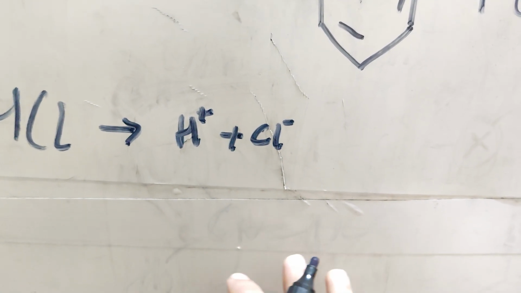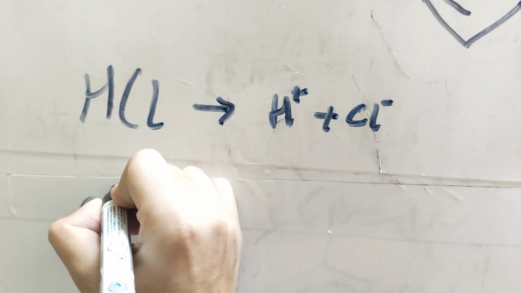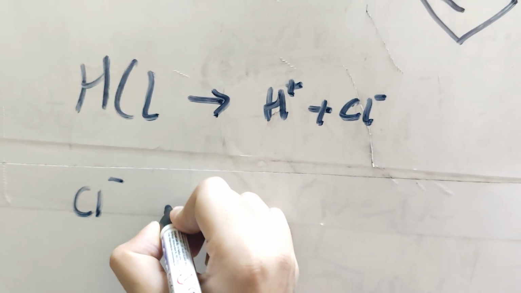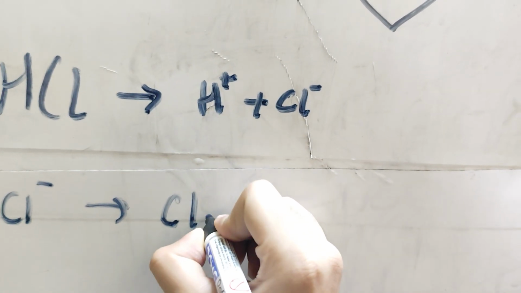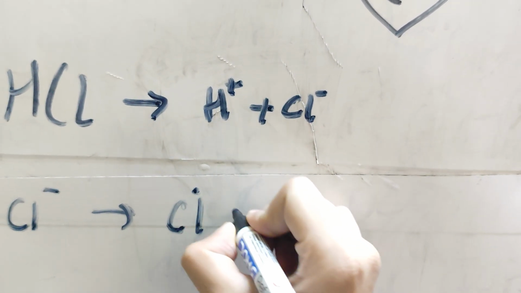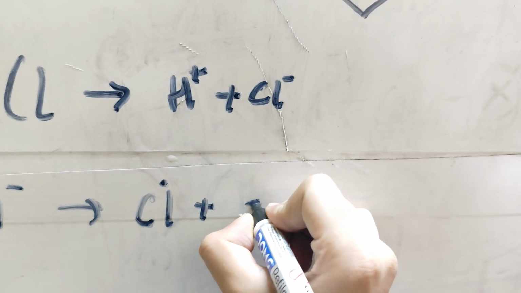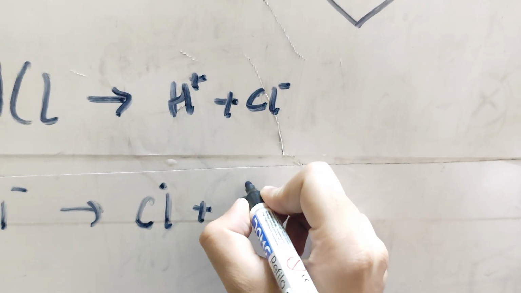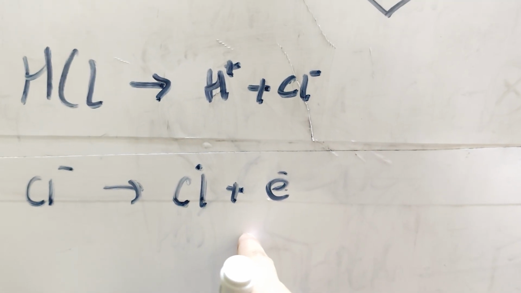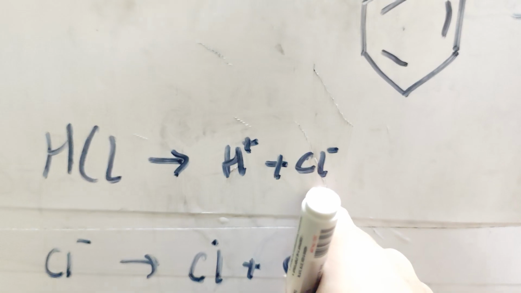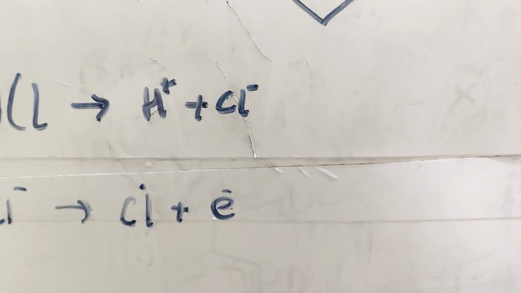That's the partial thing. And what happens to the chlorine is, chlorine having a negative charge, it donates one of its electrons. So let's draw the electron like this. So an electron is formed from the chlorine group of HCl that has been broken.